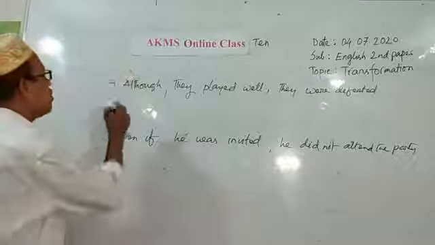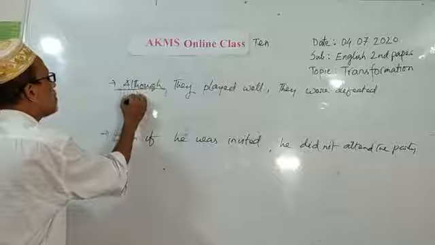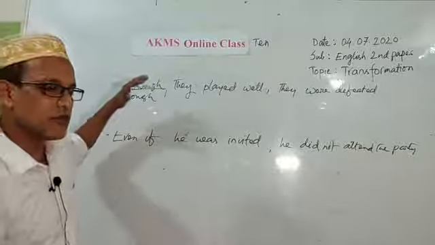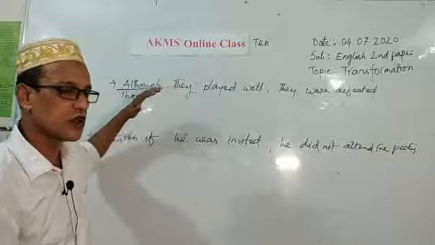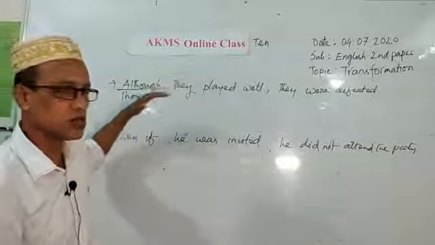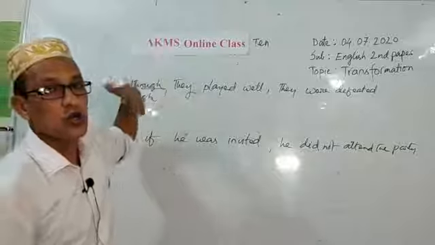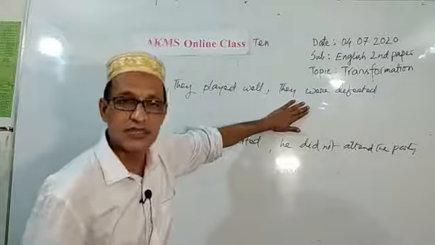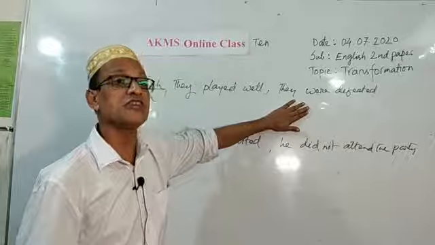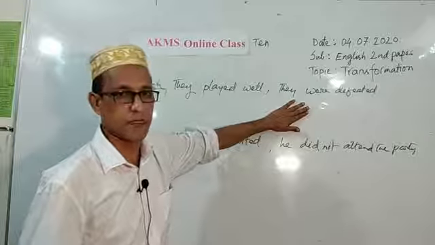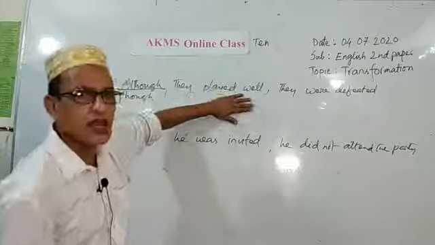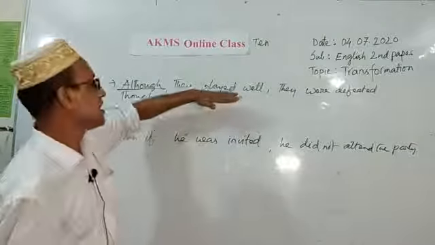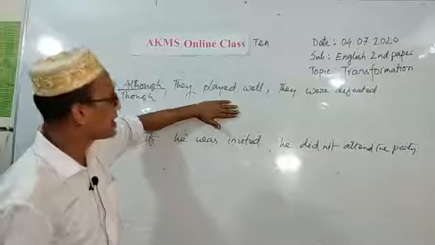Although or though. All of you know that whenever I have given you the instruction of completing sentence, I told you although, though or even if combines two clauses that have different meaning, opposite meaning. They played well, it is the affirmative clause, it expresses the affirmative meaning.